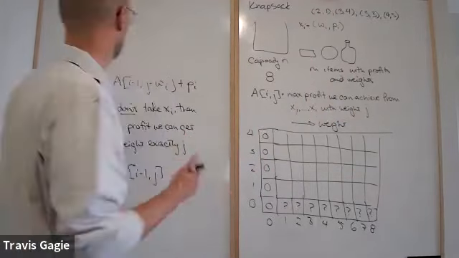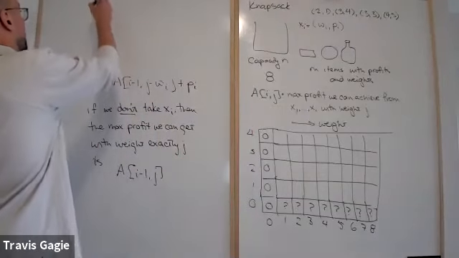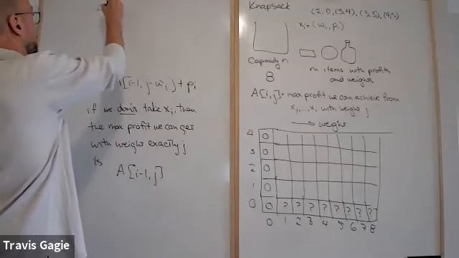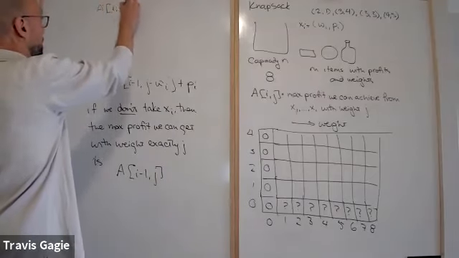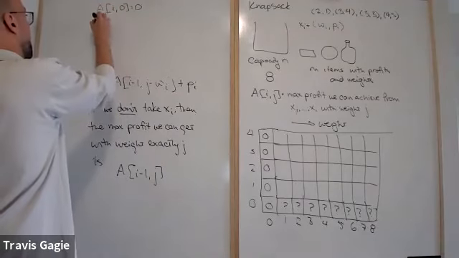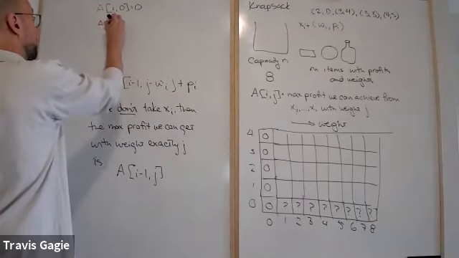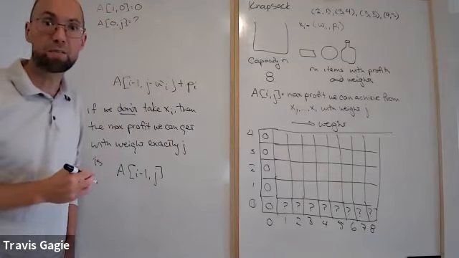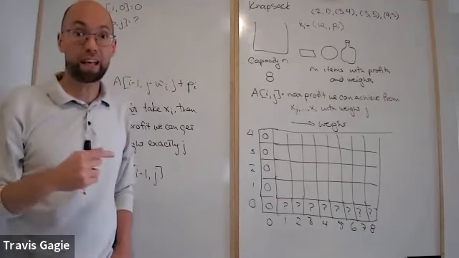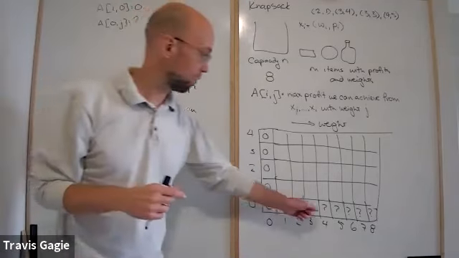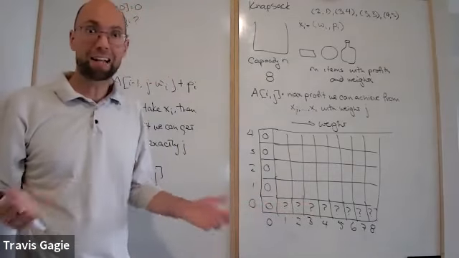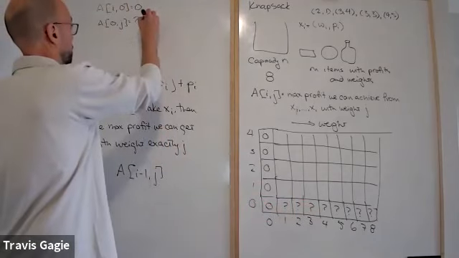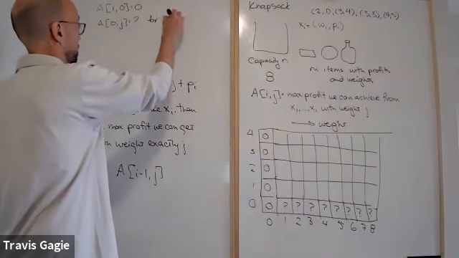Okay, so we're going to say Ai0 equals 0, and A0j equals, well, not really defined, because you can't get weight exactly j without taking anything. So equals question mark for j greater than 0.